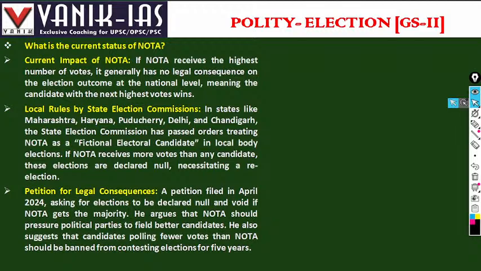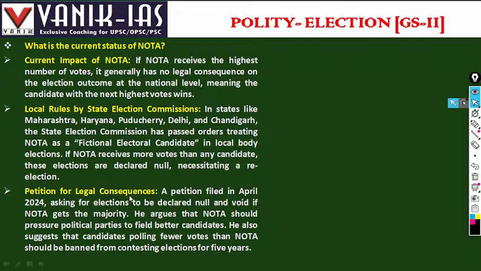NOTA has an effect locally under the State Election Commission. In states like Maharashtra, Haryana, Puducherry, Delhi, Chandigarh, the State Election Commission has passed orders treating NOTA as a fictional electoral candidate. In local body elections, if NOTA receives more votes than any candidate, these elections are declared null, necessitating a re-election. So in some states, this option is being given.